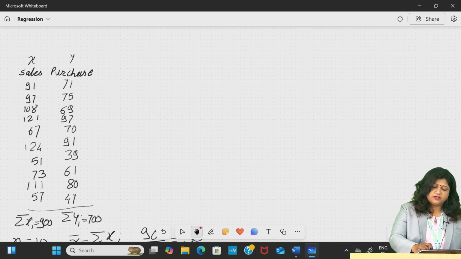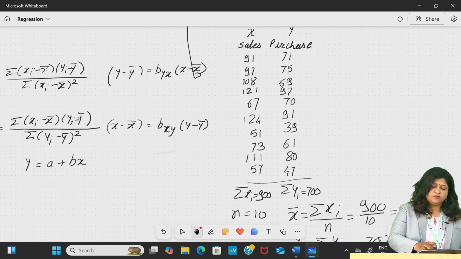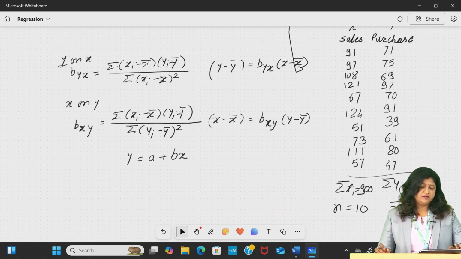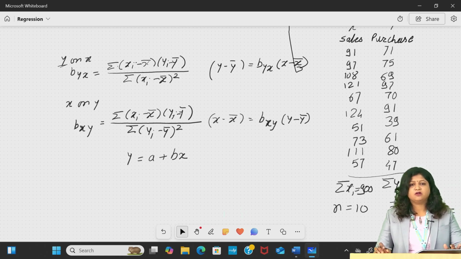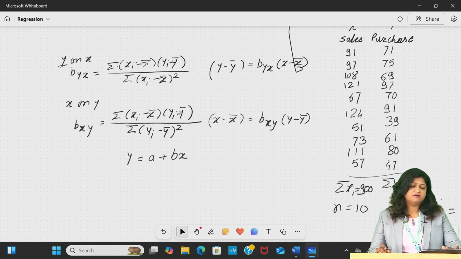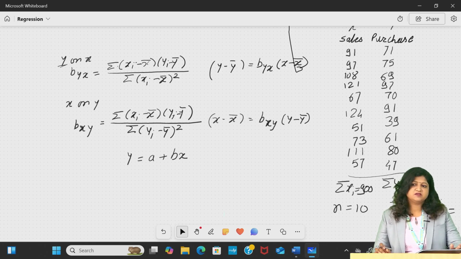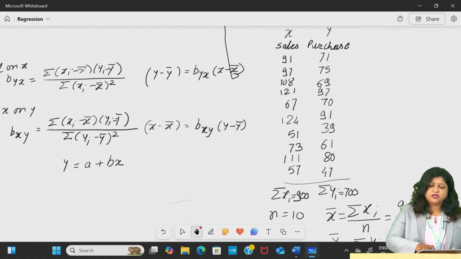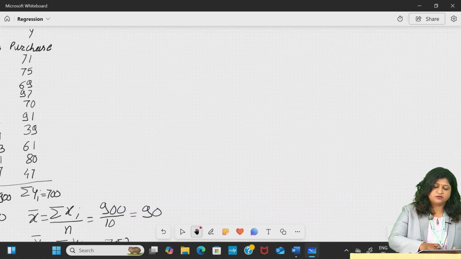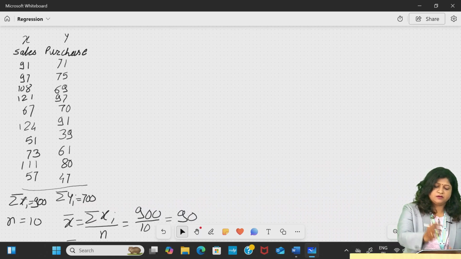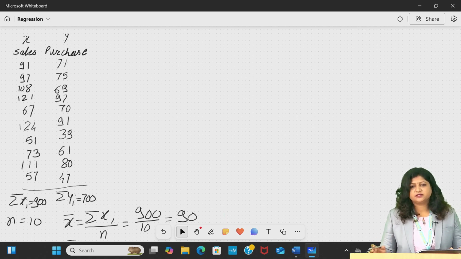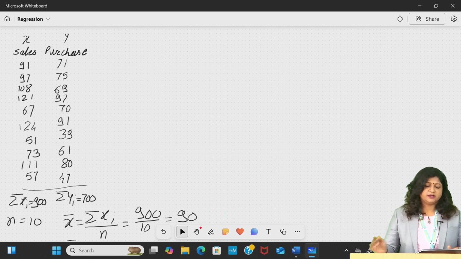Now further, if we see the formulas for byx and bxy, we need the columns xi minus x bar, yi minus y bar, the multiplication of both these values, and (xi minus x bar) square and (yi minus y bar) square. So we are going to calculate the corresponding columns here to obtain the values of both regression coefficients and both regression equations.